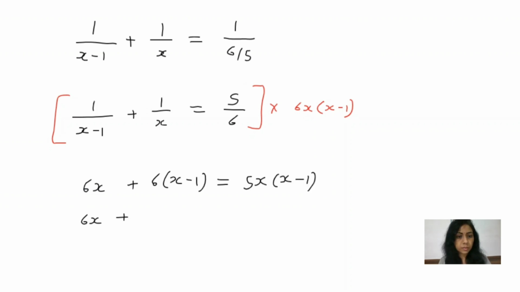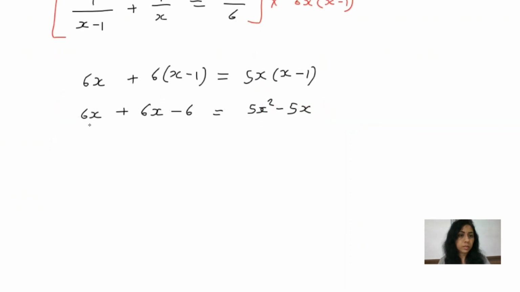So 6x plus 6x minus 6 is equal to 5x square minus 5x. We combine like terms to get 12x. Both sides subtract 12x, both sides add 6. This is cancelled, this is cancelled.